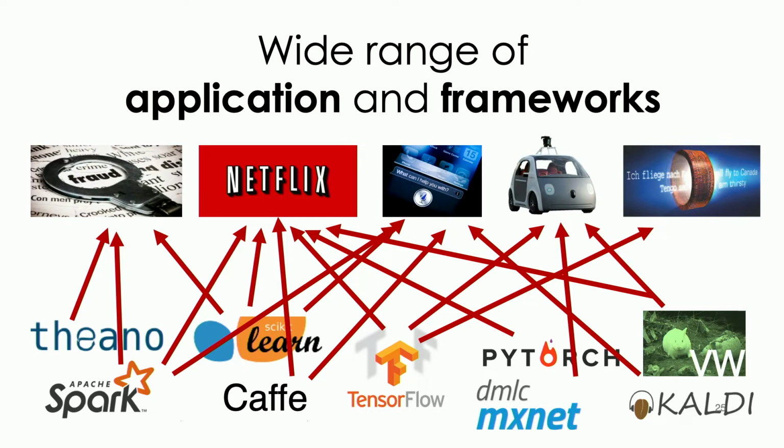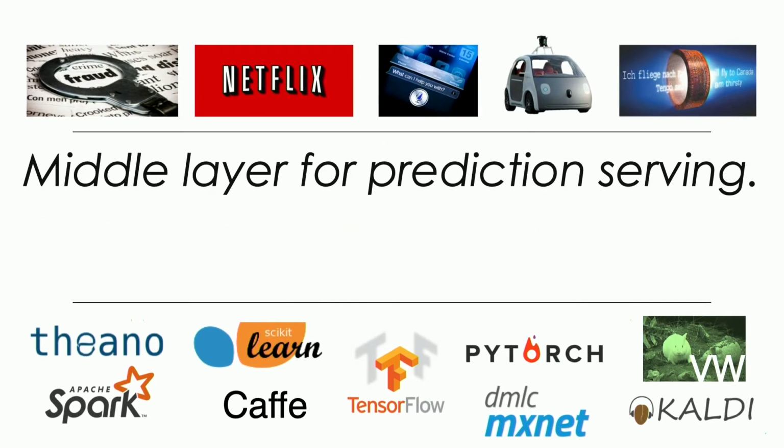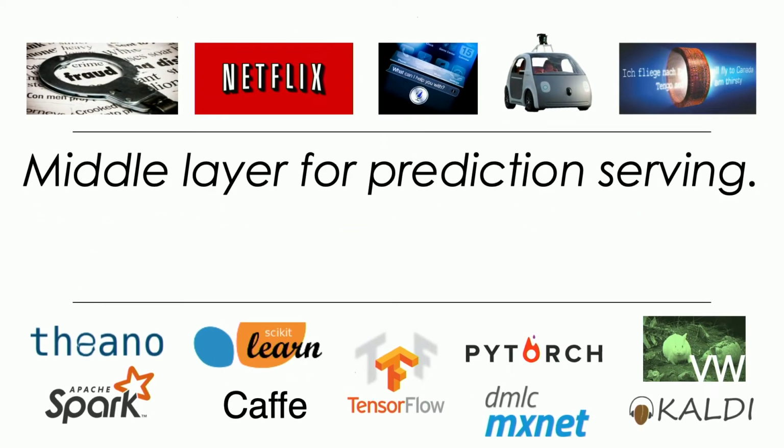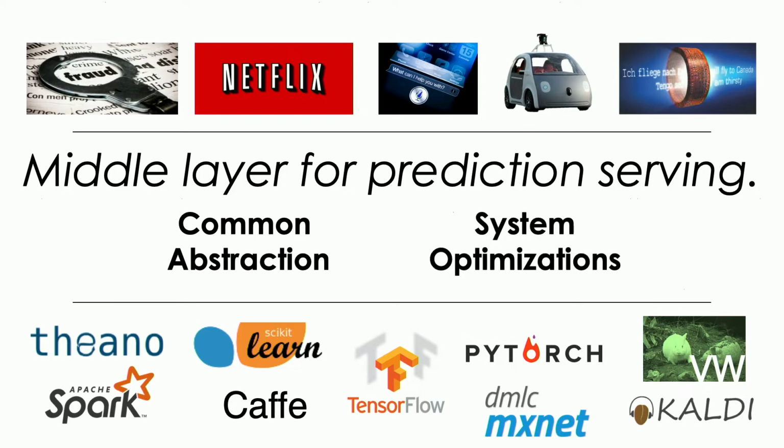With this middle layer, both the application and the model can develop independently. So what Clipper does is interpose this middle layer, and that provides a common abstraction that enables us to build a general purpose system. And behind the common abstraction, we add system optimizations to make it fast, scalable, and affordable.